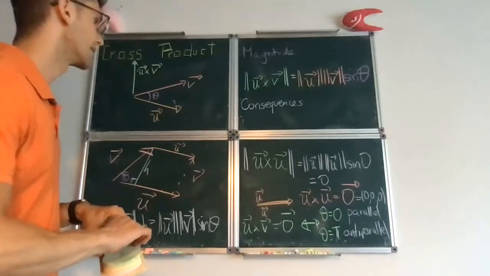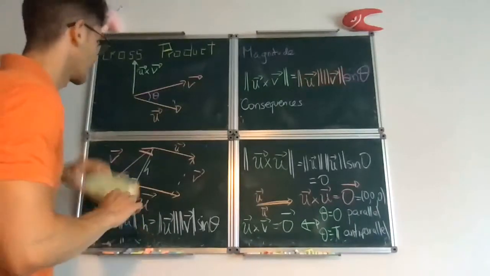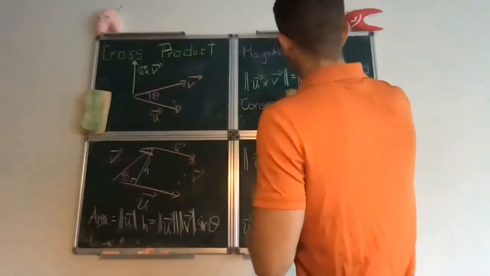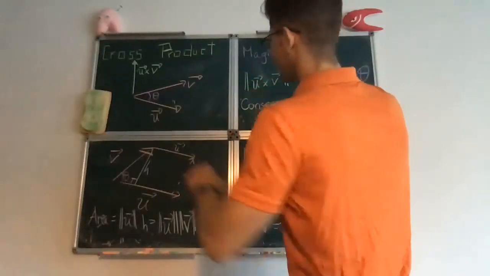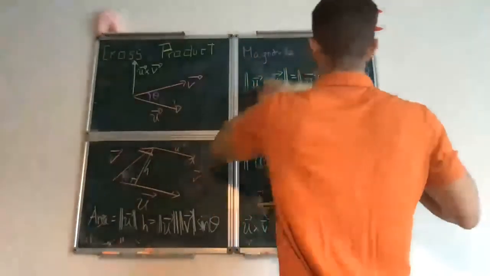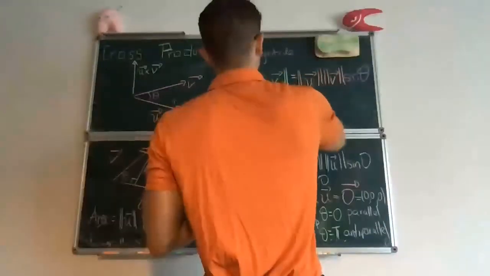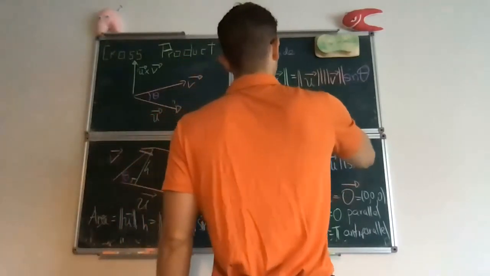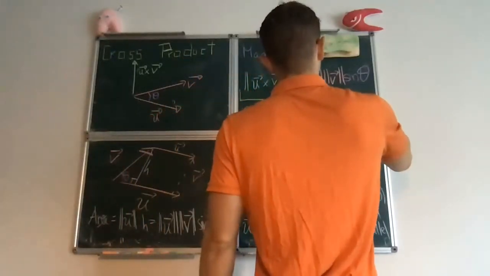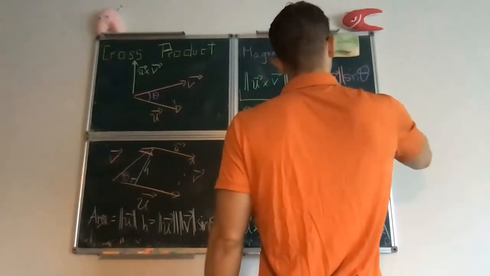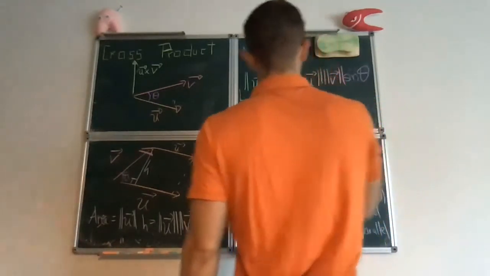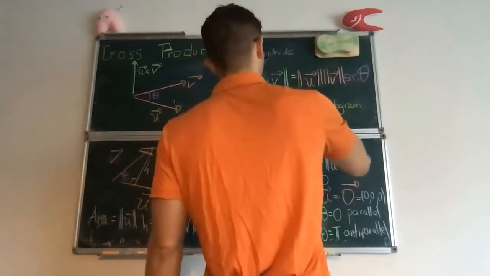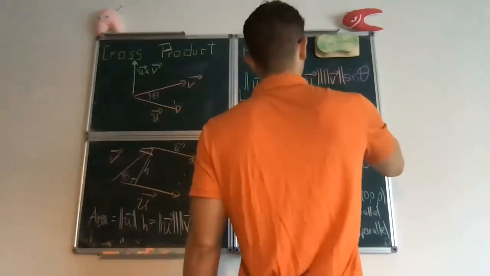So that means that as another consequence, let me just write it here. This formula gives you, so this measures or gives the area of the parallelogram whose sides are the vectors u and v.